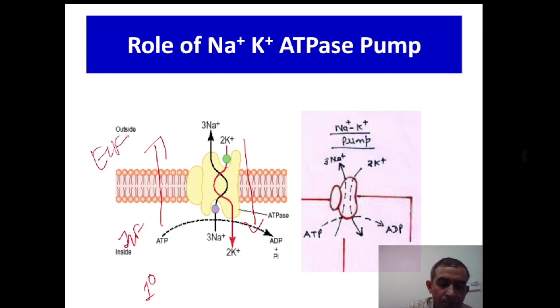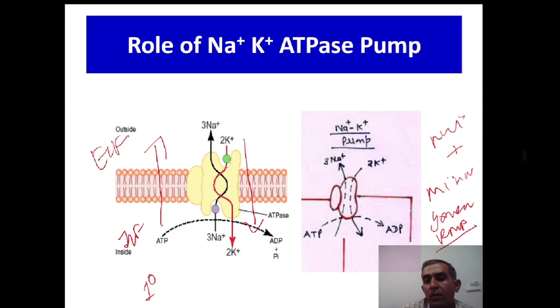So every time the cell is losing 3 positive ions and getting 2 positive ions. So over a period of time, what happens? It loses positivity. And this is also a reason why inside the cell is more negative. So basically, the sodium potassium ATPase pump plays a minor role in the genesis of the RMP.